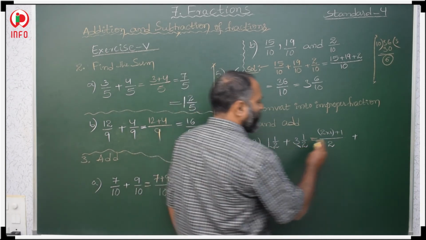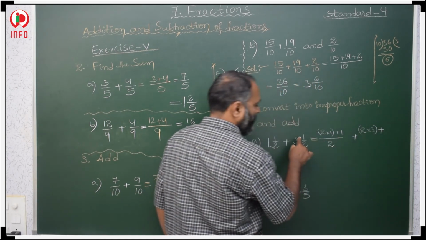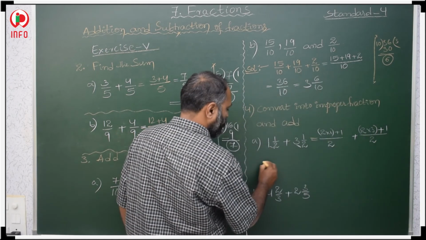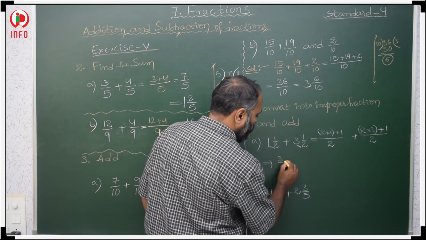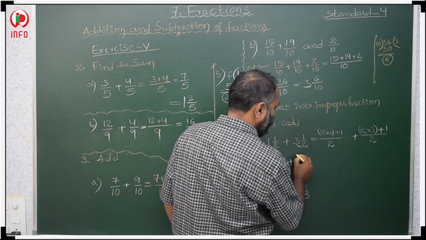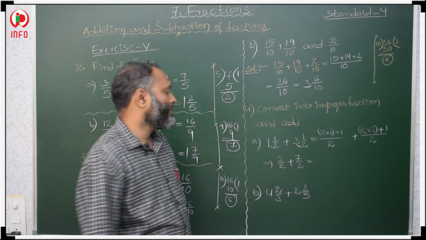So 2 into 3 plus numerator by denominator. Now 2 ones are 2, 2 plus 1 is 3, 3 by 2. Plus 2 3s are 6, 6 plus 1 is 7, 7 by 2.